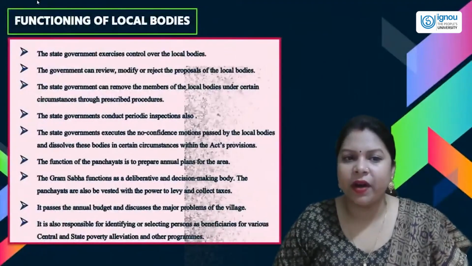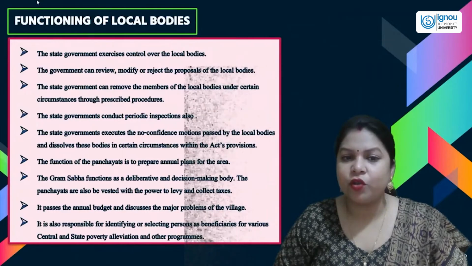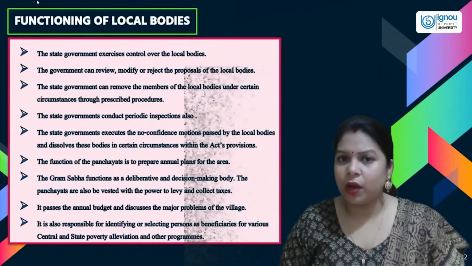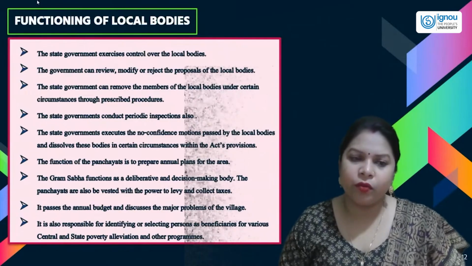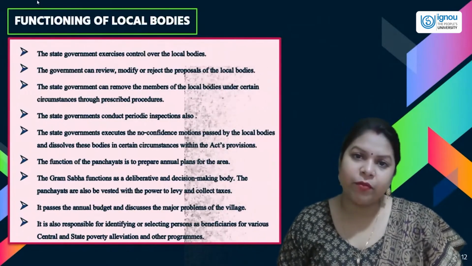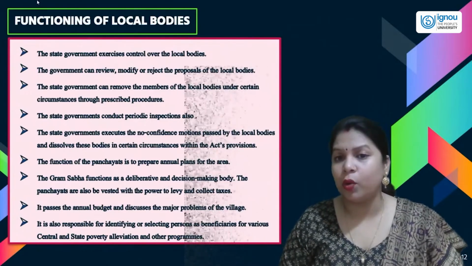Now let's come to the functioning of local bodies. The state government exercises control over the local bodies. So, local bodies are not entirely free in their own work, but are controlled by the state government. The government can review, modify, or reject the proposals of the local body.